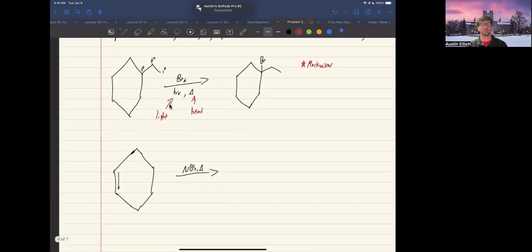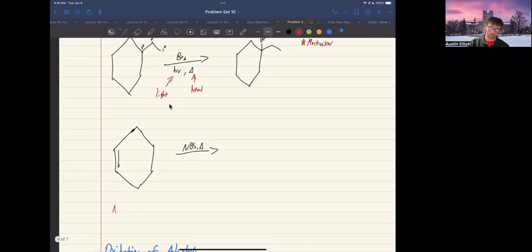So now another addition of bromine to a ring or to alkenes is NBS and our delta, or our heat. So NBS, little note here, will add Br to allylic or benzylic carbons.